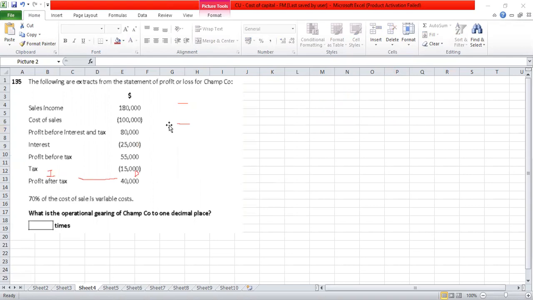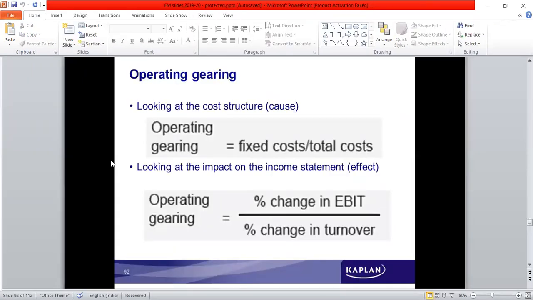Another question: what is the operating gearing of CHAMP company to 1 decimal point? Operating gearing ratio is basically finding out the proportion between the fixed cost and the variable cost.